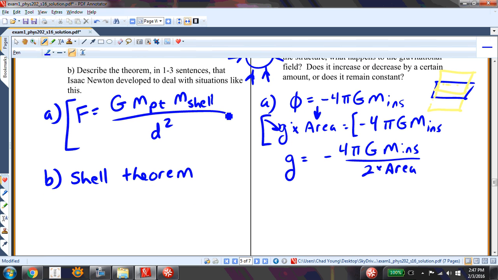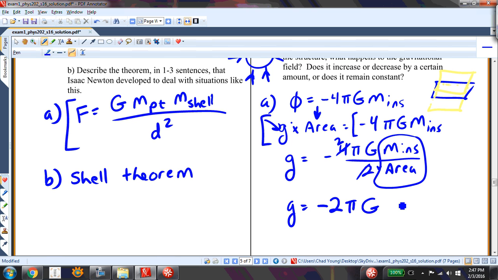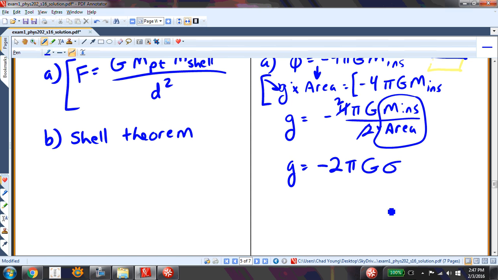All right, so notice here, this is our sigma, and I can cancel out a 2 here. We get an expression for the gravitational field of negative 2 pi G sigma, which is my mass surface density. It says, what amount of mass per square meter do you have? So that's A.